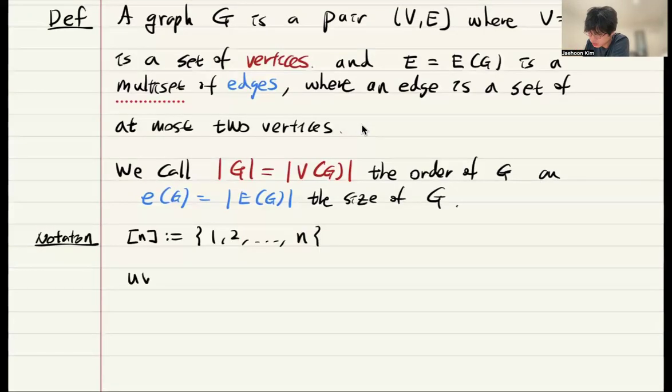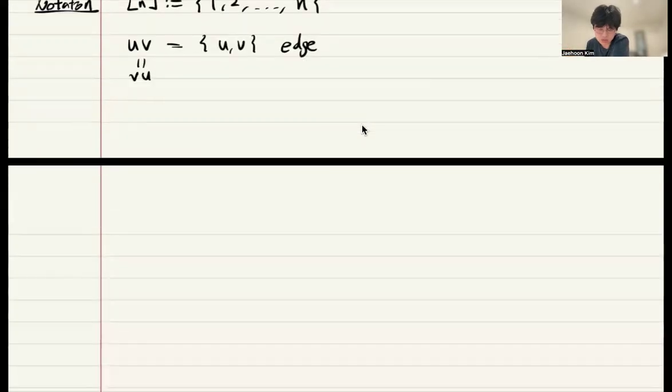And we simply write uv to denote the edge which consists of u and v, the same as the set {u, v}, as it is a set of two vertices.